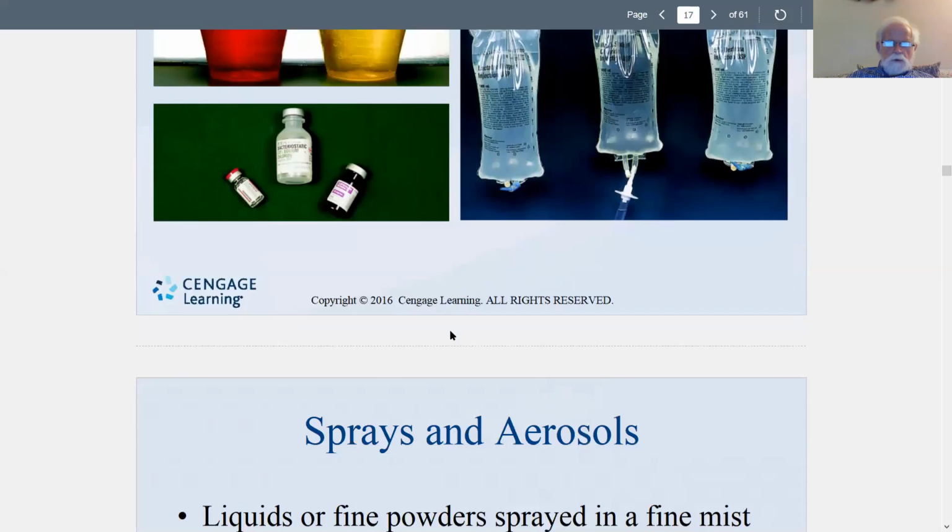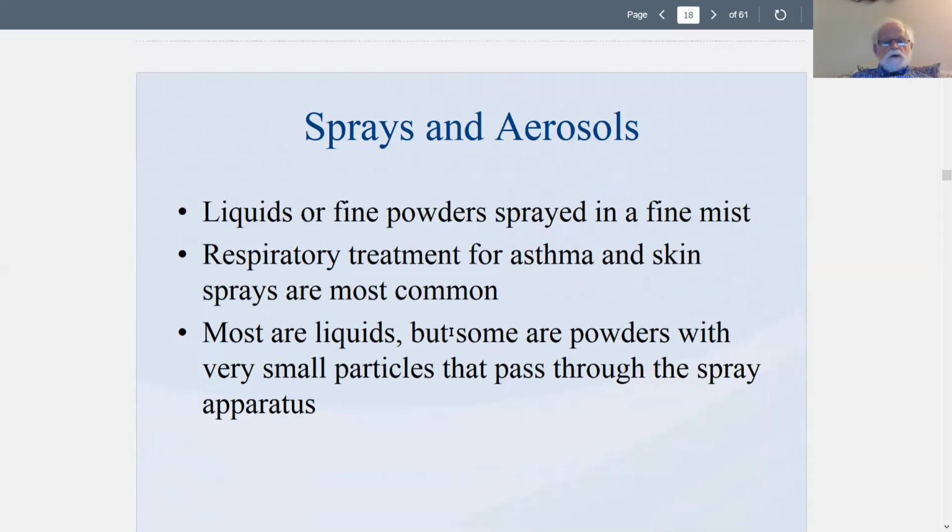So liquid dosage forms, we'll talk about those. Sprays and aerosols. Sprays, often things like nasal sprays and that sort of thing, or fine powders, can be sprayed into a fine mist for inhalation. These are often used for asthma, and we spray things onto our skin as well. We can spray on Benadryl, for instance, and calamine if we are exposed to something like poison ivy.